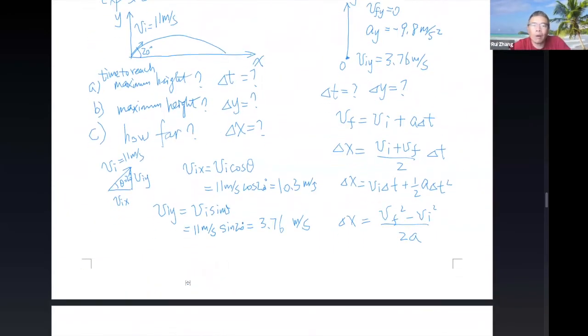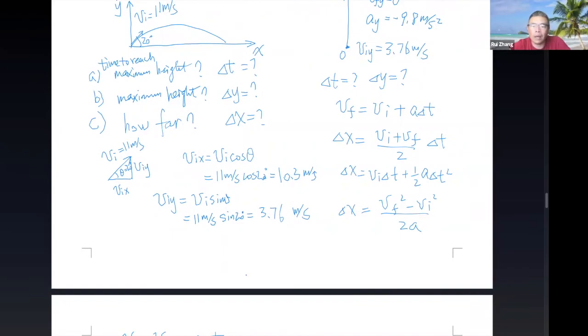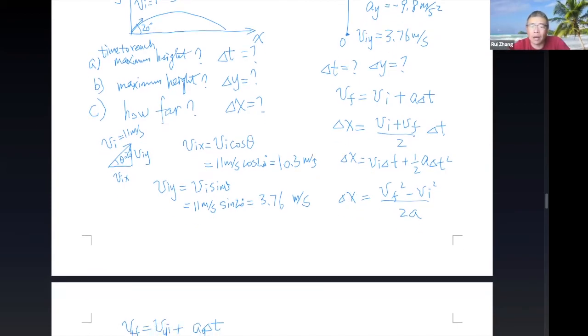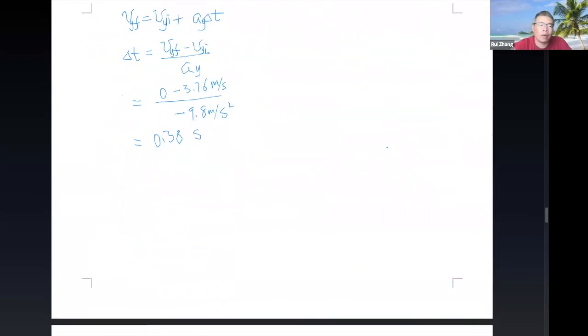Okay. Now let's do the delta y here. Again, as I said, the last one here is the best to use. Notice that this formula gives us delta x because when we were talking about 1D motion, we only had the x direction, but now you're doing delta y, right? But it's the same formula. I'm sorry, I didn't write it well, that's an 8.